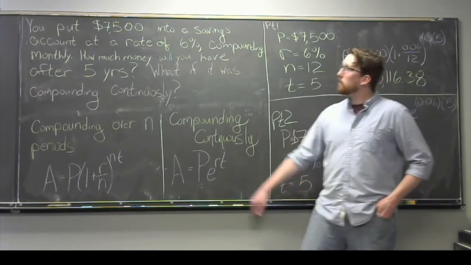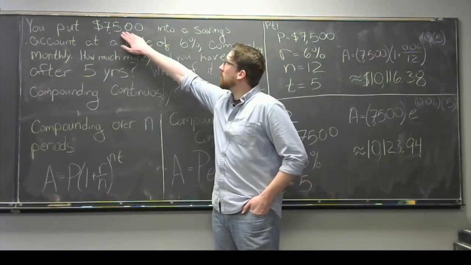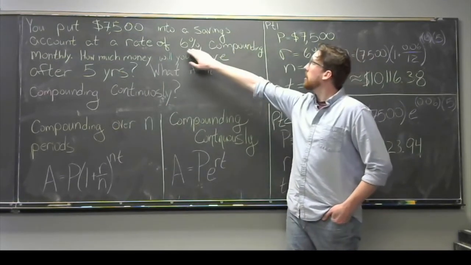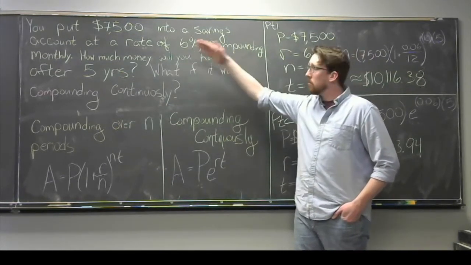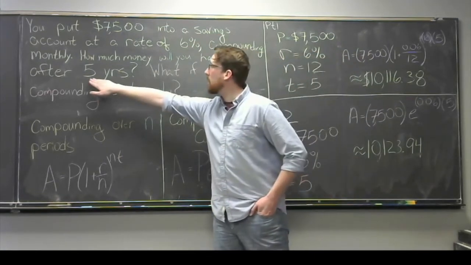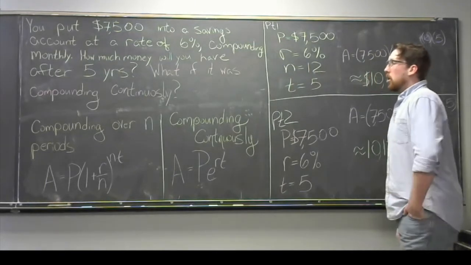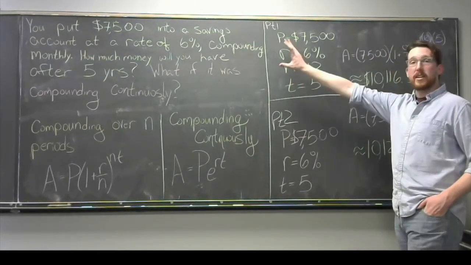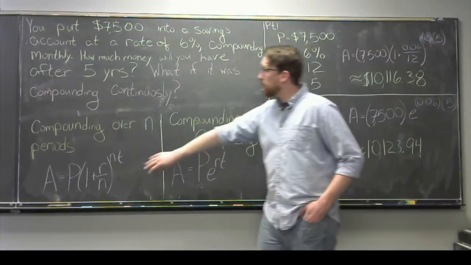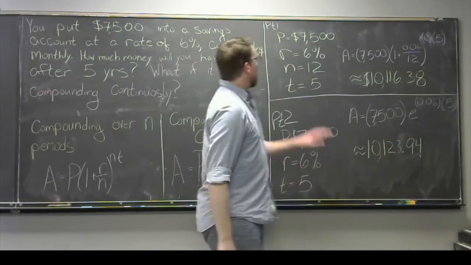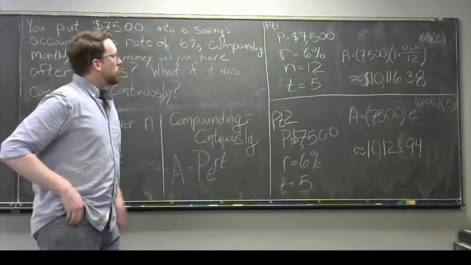We know our principal amount is going to be $7,500, we know our rate is going to be 6%, and finally, we know time is going to be 5 years. Putting all of that together, using this first formula to answer the first part, we get this up here.